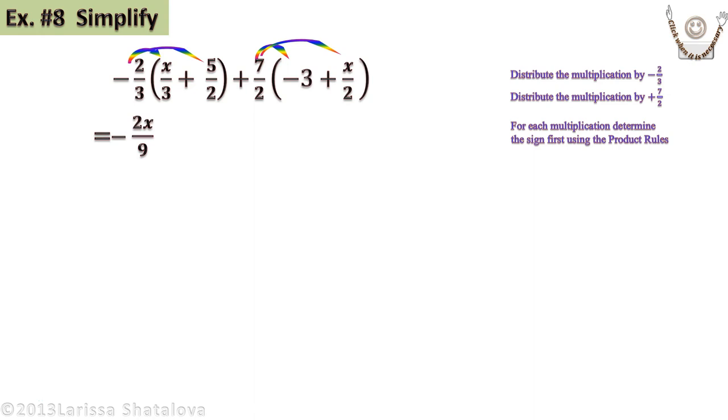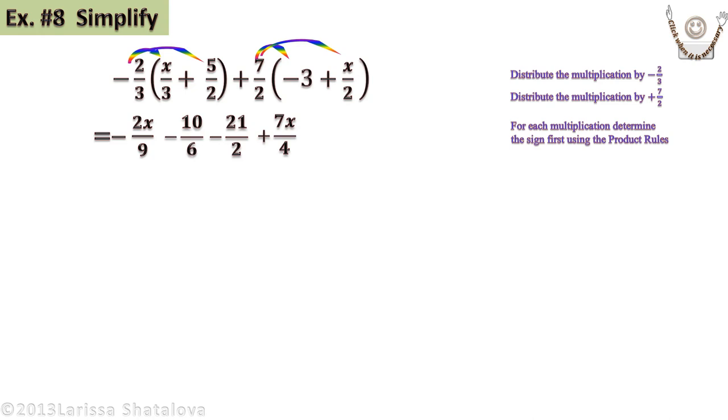Then negative 2/3 times positive 5 over 2. Result would be negative 10 over 6. Second group, positive 7 over 2 times negative 3 over 1 will be negative 21 over 2. And then positive 7 over 2 times positive x over 2 would be positive 7x over 4.